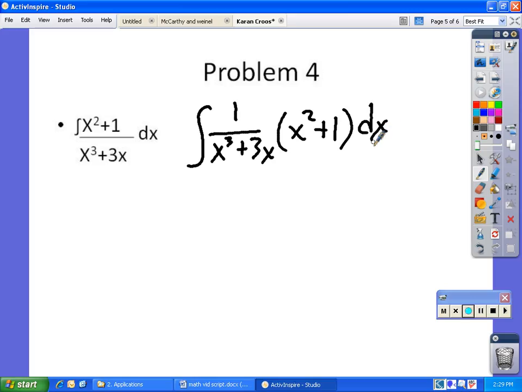After you do that, then you pick a u. The u we're picking here is x³ + 3x. Then you get du.